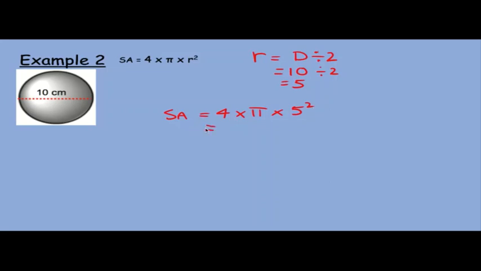And then our second job now is put those figures into our calculator. So I got 4 times pi times 5 squared. So I've got 100 pi, which is 314.2, again, centimeters squared.